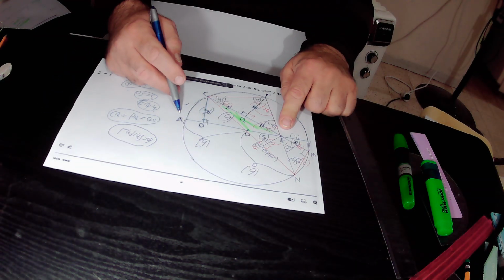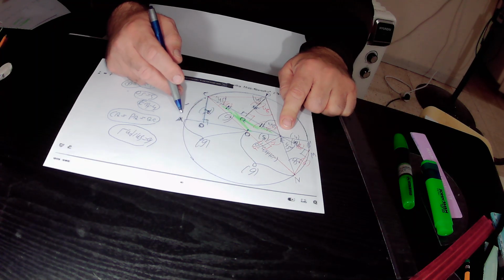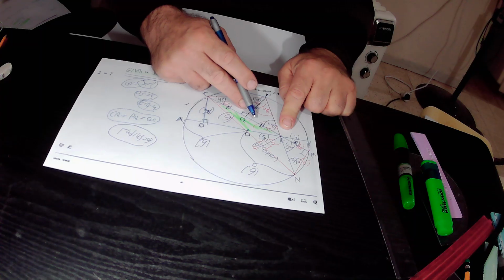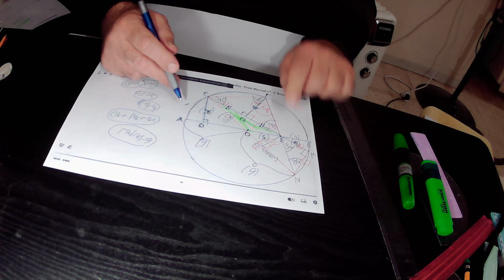AE in total equals AO, that is 9, the radius of the circle, plus OE, that is 5, according to what is given in the question. So AE in total equals 9 plus 5, that is 14.